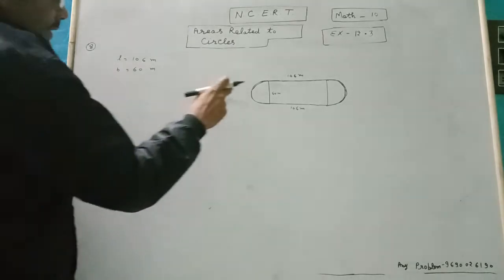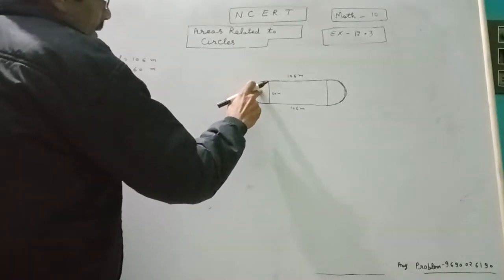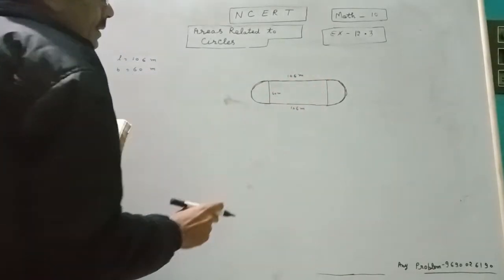At first find the perimeter or circumference of the semicircle.